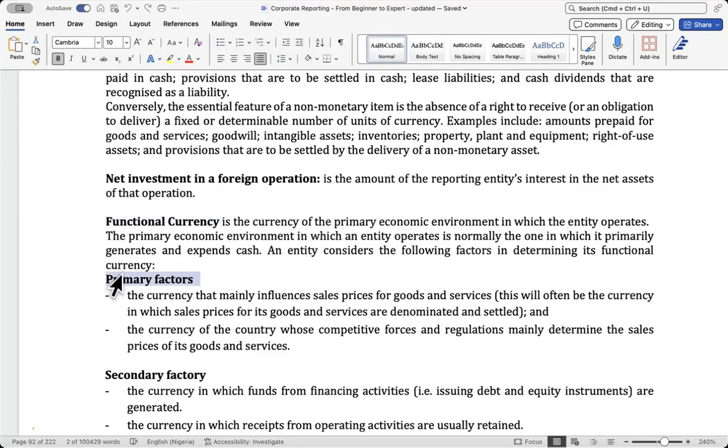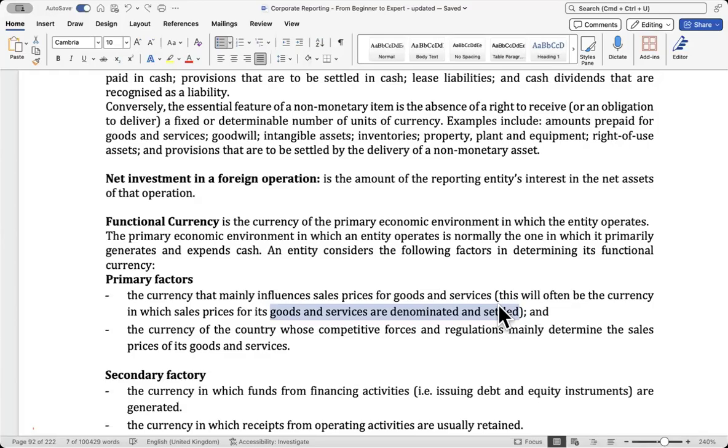Number one is the currency that influences your sales price, which is the currency in which your sales price for your goods or services is denominated and settled. So if you are selling perfumes on your online store and it's denominated in dollars, that means dollars is your functional currency.